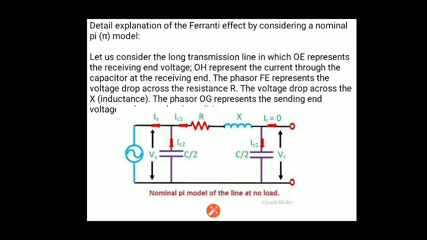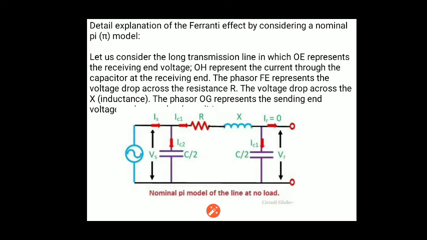Let us consider the long transmission line in which OE represents the receiving end voltage, OH represents the current through the capacitor of the receiving end side.